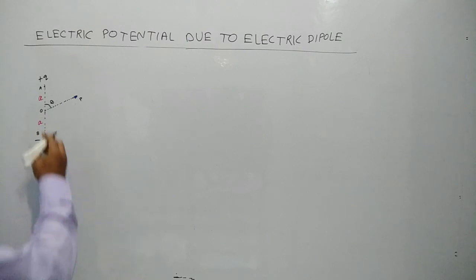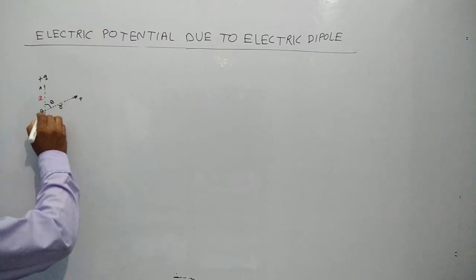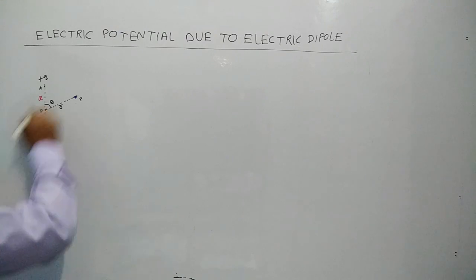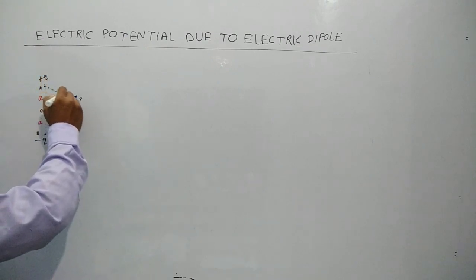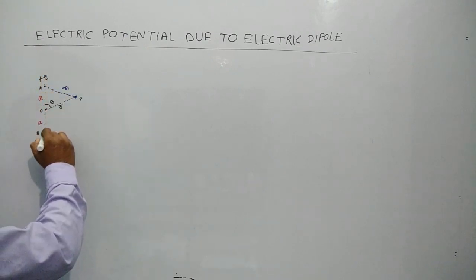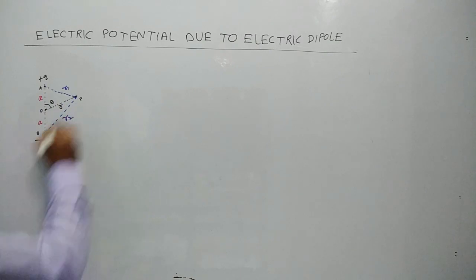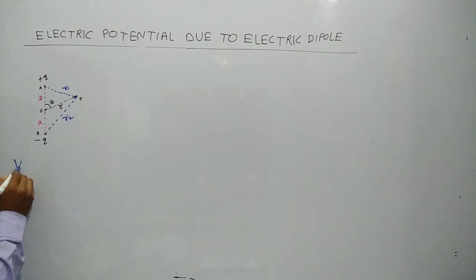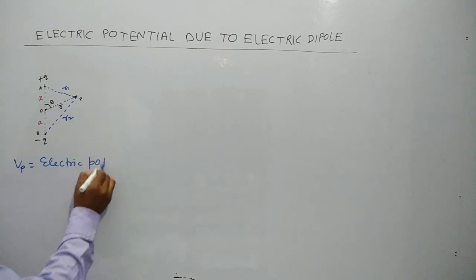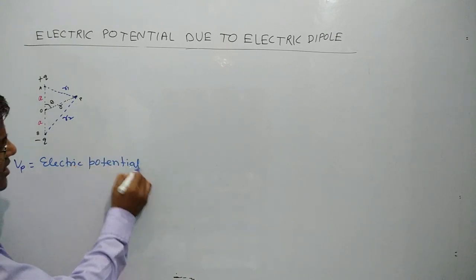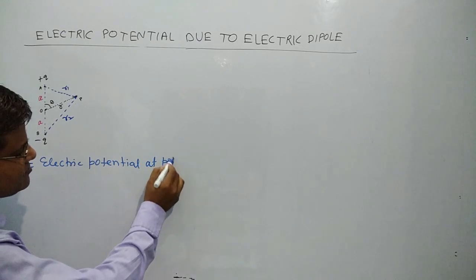This distance is R from the midpoint O. From A to P is R1, and this is R2. Very simple. And Vp is the electric potential at point P.